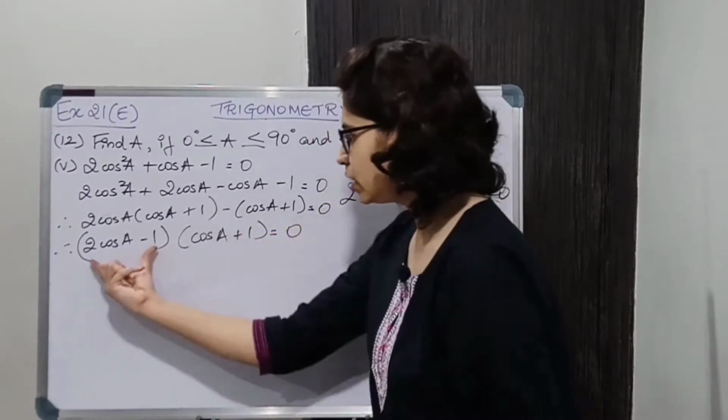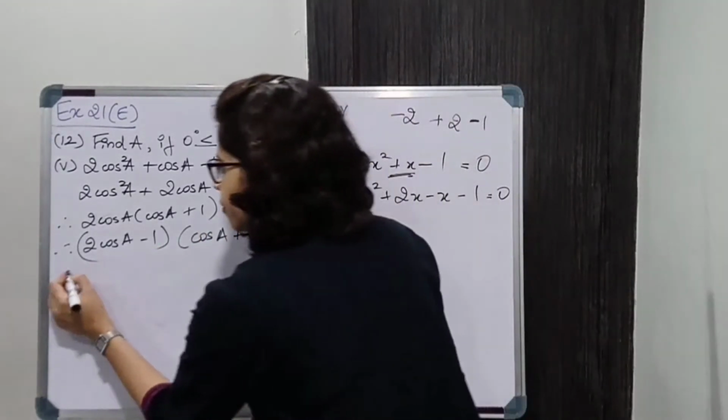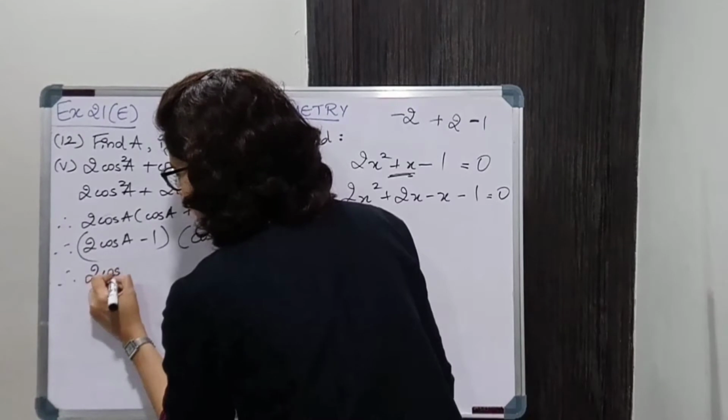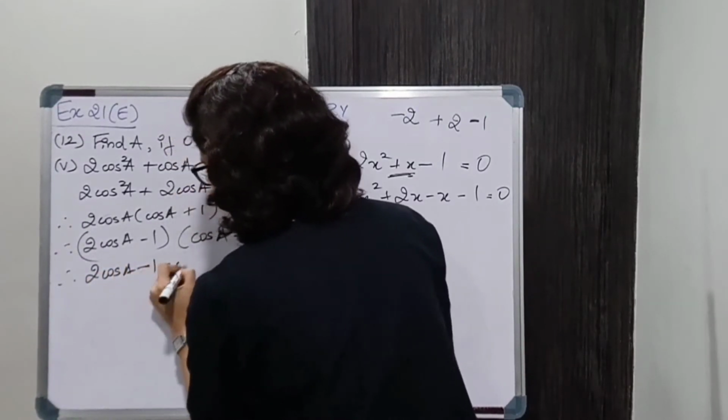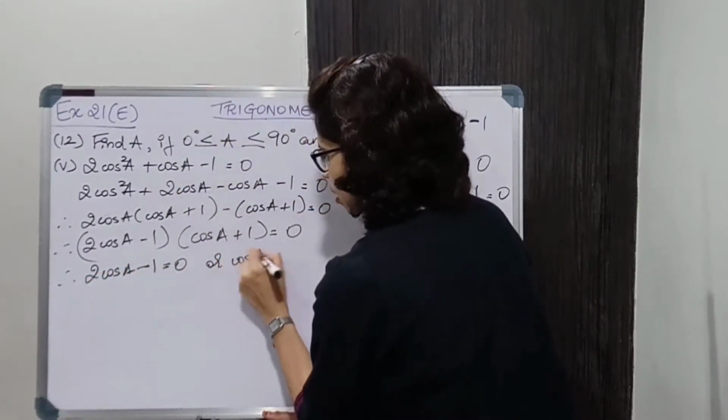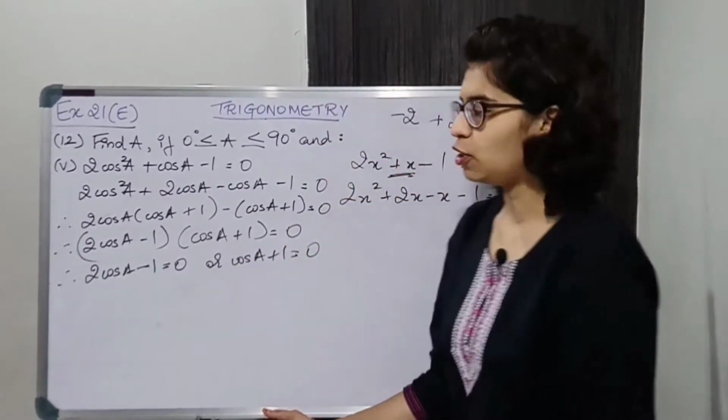equal to 0. So either of the two is 0. Therefore 2 cos a minus 1 is equal to 0 or cos a plus 1 is equal to 0.